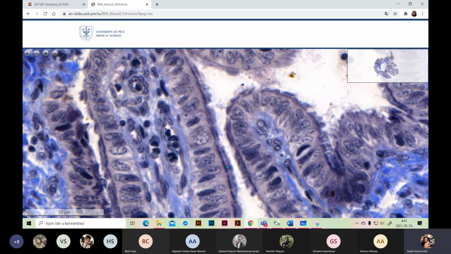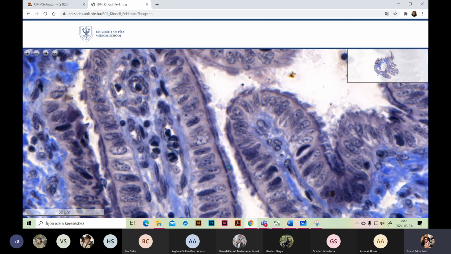So kinocilia are longer than the microvilli. That's why you can see them separately from each other, more or less. And these separate processes look like very small hairs. So you see short separate processes which are parallel to each other. Kinocilia are always parallel to each other.